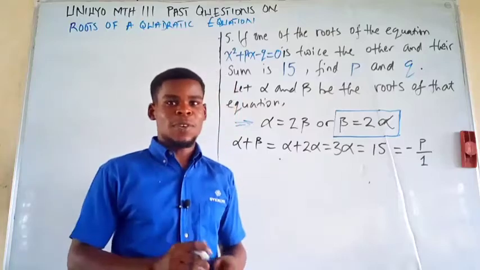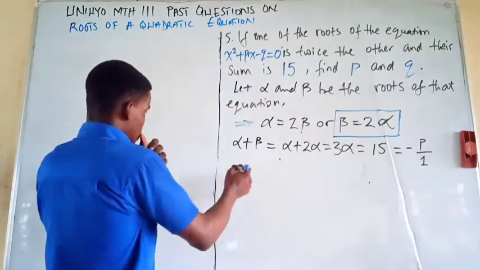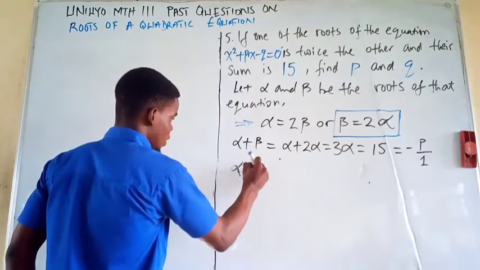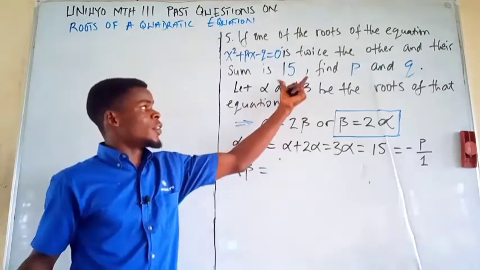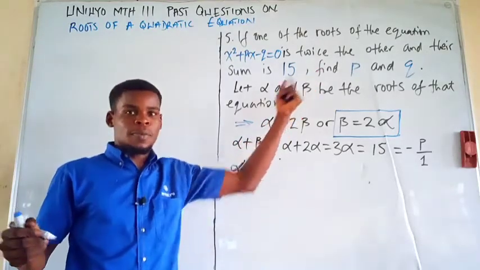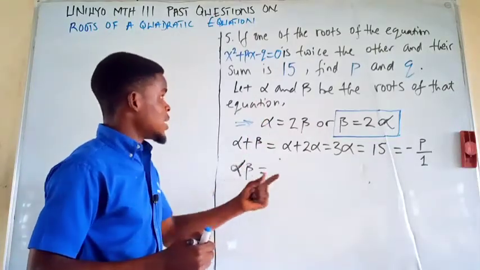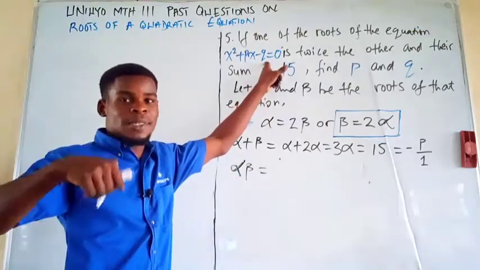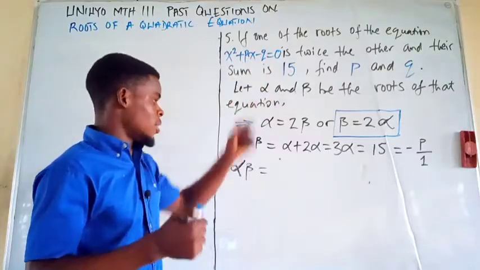I'm going to do the same thing for the product. So you see the chains of equality signs. I'm going to say that alpha times beta is, well, we are not given the value for the product from the question, so we just have to work it out. So alpha times beta, we know it to be c over a, where c is just negative q and a is just 1.